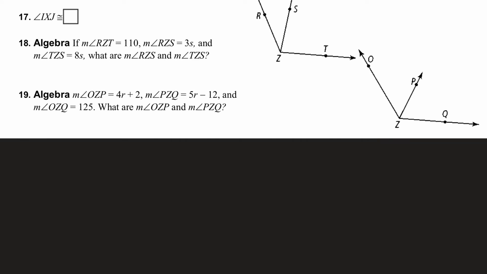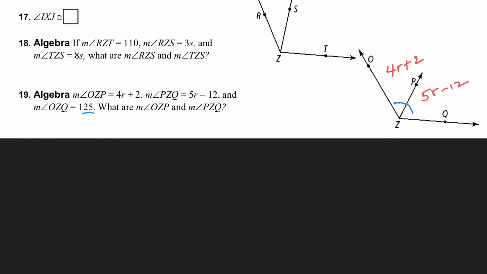For number 19, we have the measurement of angle OZP given to you as 4R plus 2. And we know that the measurement of angle PZQ is 5R minus 12. And the measurement of OZQ, which is the big angle here, the large angle, is going to be 125 degrees.